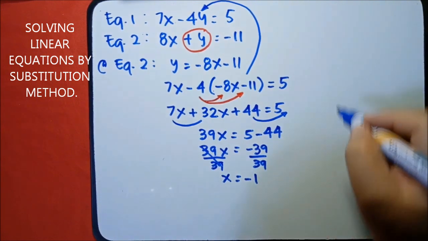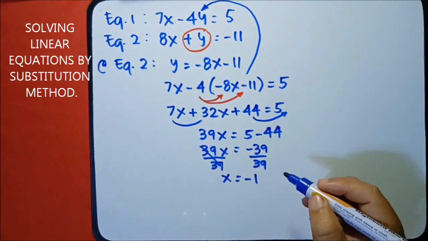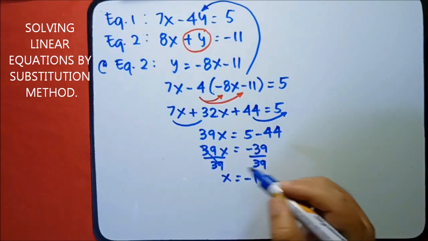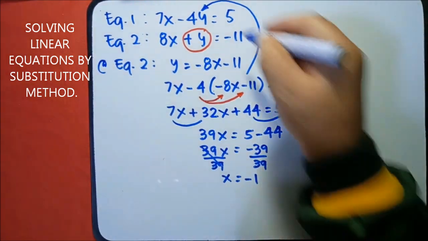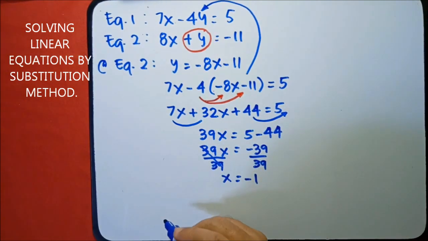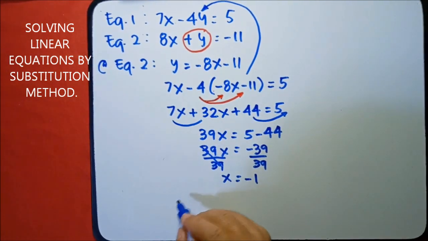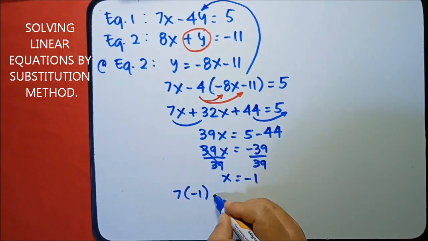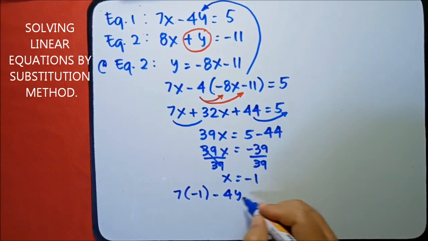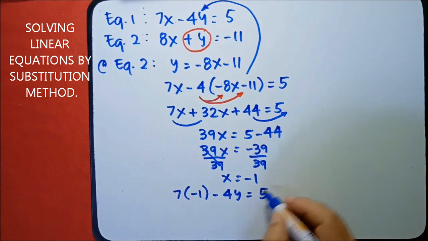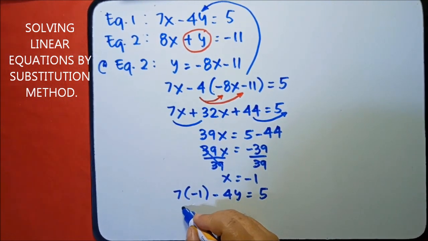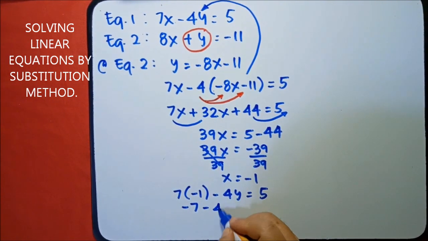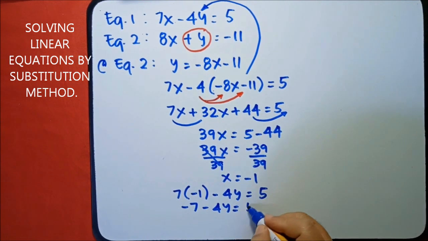Okay. Now, your x is equal to negative 1. Substitute x to any of the equations. You can use equation 1 or equation 2 to get the value of y. Okay. So, 7 times negative 1 minus 4y is equal to 5. 7 times negative 1 is negative 7, minus 4y is equal to 5.